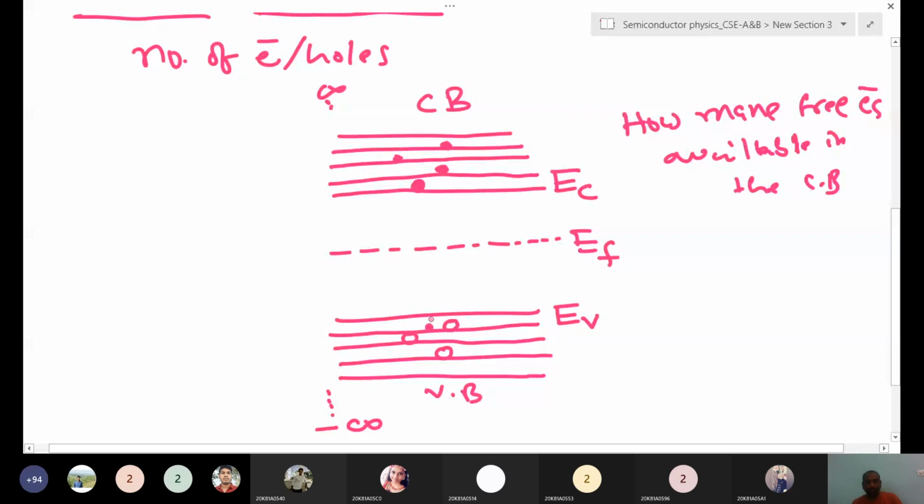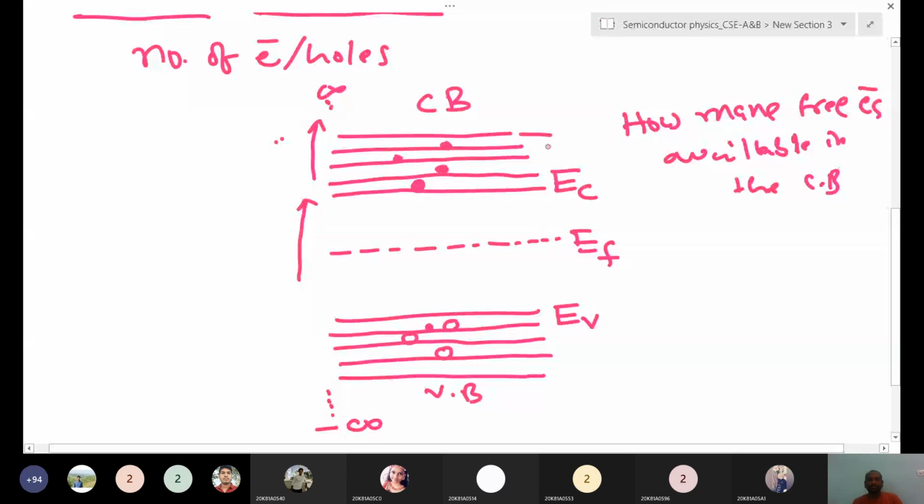That we will calculate today. These are also energy levels, right? Energy levels are increasing in this direction. EV is the maximum energy in the valence band, and EC is the lowest energy in the conduction band. If you go up, we get the highest energy levels. This is the general idea.